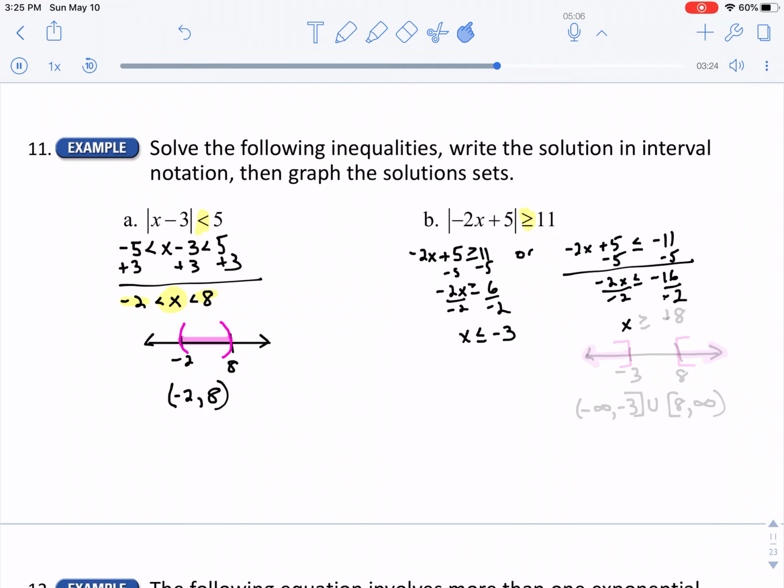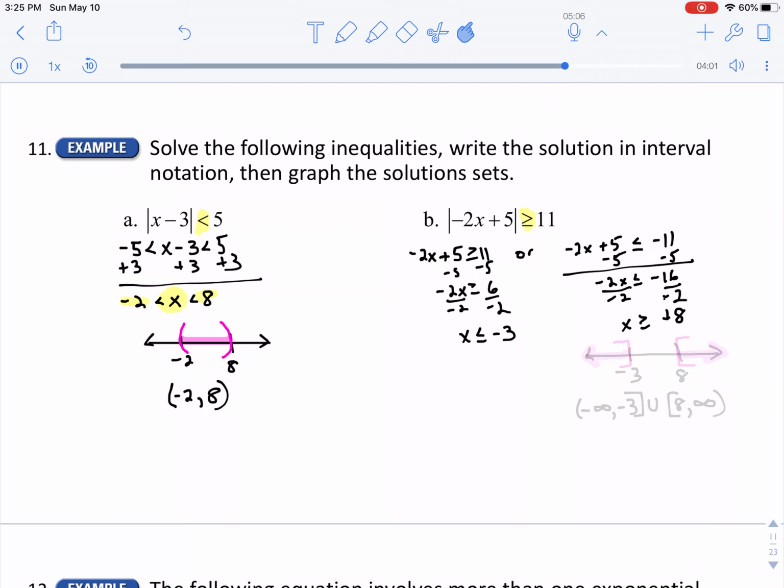So we get x is greater than or equal to a positive 8, because I had a negative 16 divided by a negative 2, which is a positive 8. All right, so we are ready to graph it.